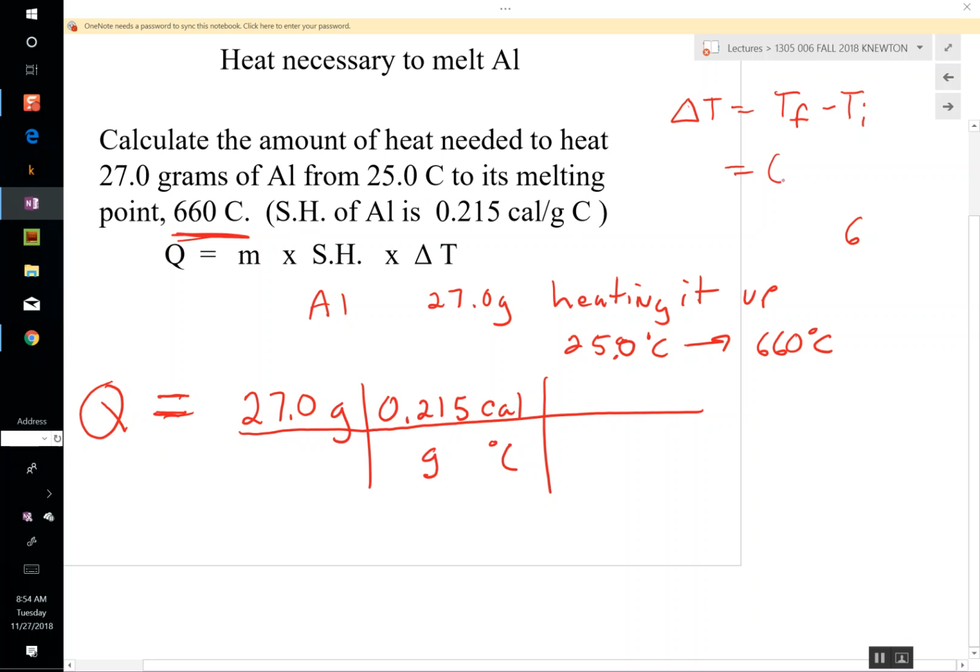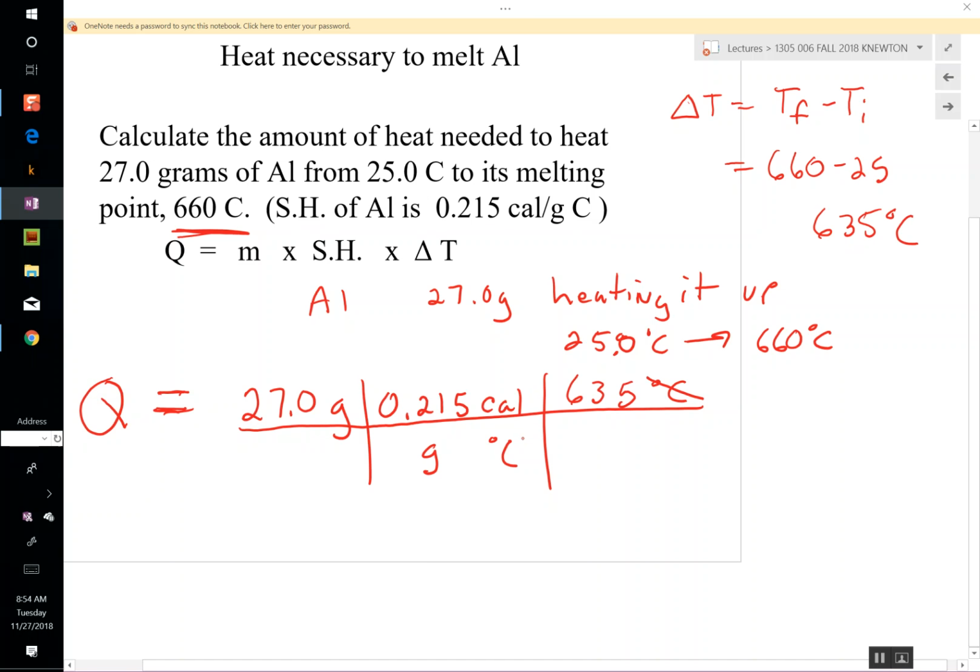In this case, the final temperature is much bigger than the initial, so delta T is 635 degrees C. And notice here, the degrees C cross out, the grams cross out, and we're going to get an answer in calories.